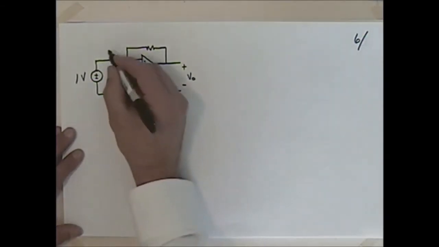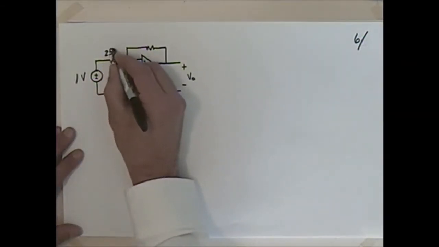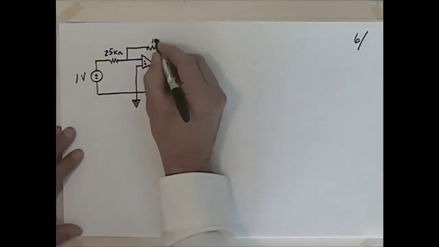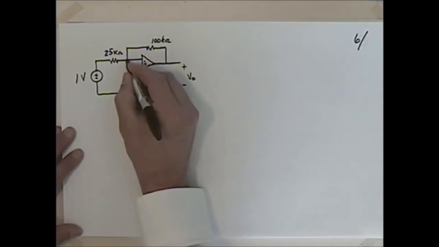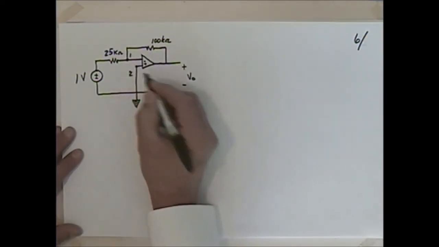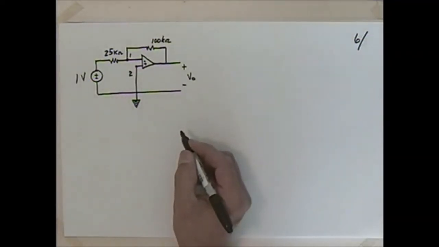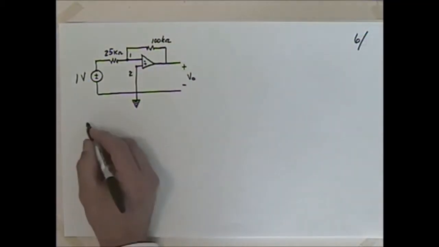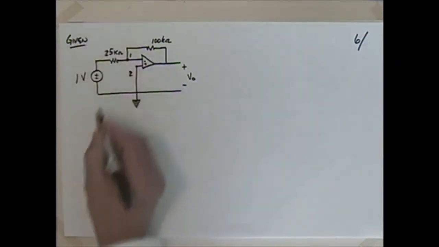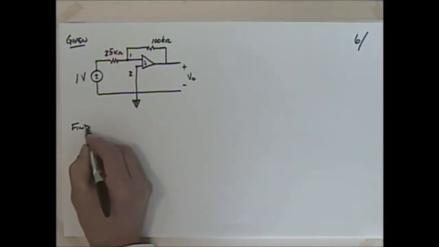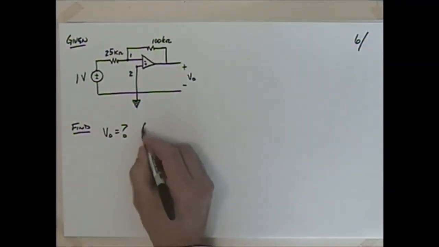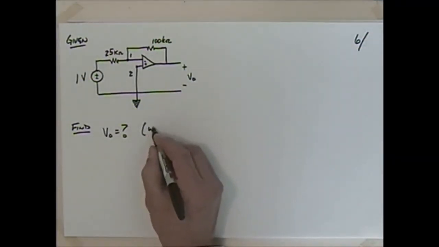Okay, so I'm going to say that this is 25 k ohms. I'm going to say that this is 100 k ohms. I'm going to talk about this as 0.1. I'm going to talk about this as 0.2. Okay, and given this, we'd like to find V naught. Okay, we're going to assume linear operation.